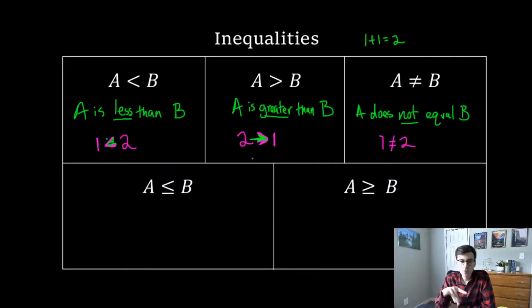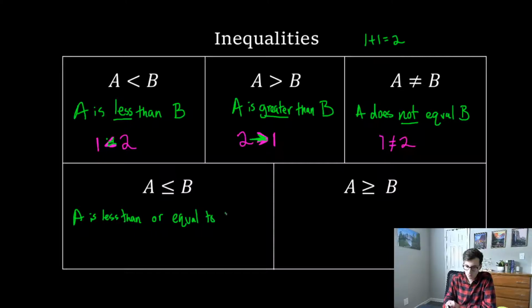Now, when we use variables in inequalities, we might have something that is less than or equal to. So this would read A is less than or equal to B. So if I were to say X is less than or equal to 10, well, then that would be any number less than or equal to 10.